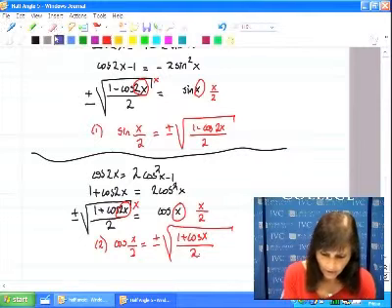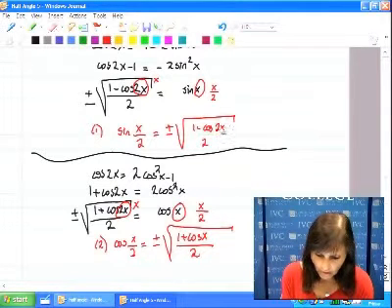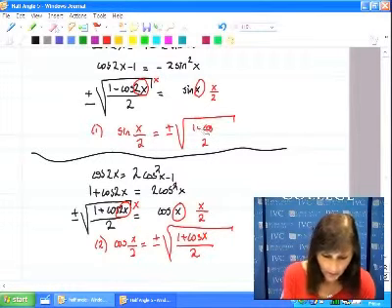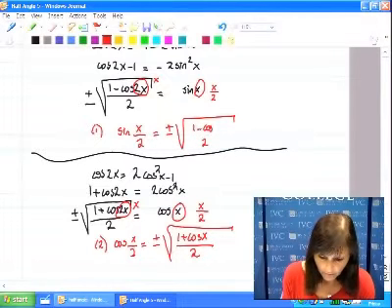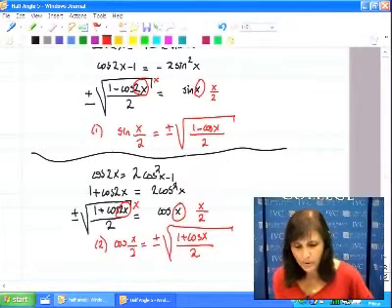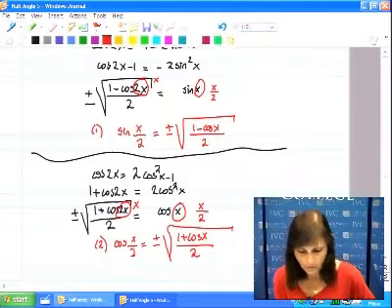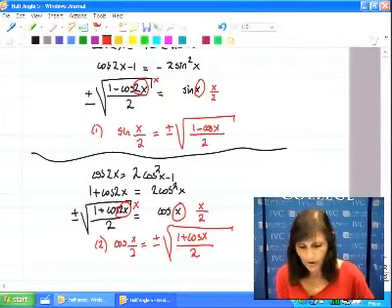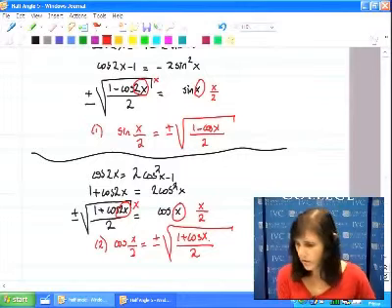In the previous one, it's not 2x; we changed that, remember? So here are the formulas. Sine of x over 2 is plus or minus the square root of 1 minus cosine x over 2, or cosine of x over 2 is plus or minus the square root of 1 plus cosine x over 2.